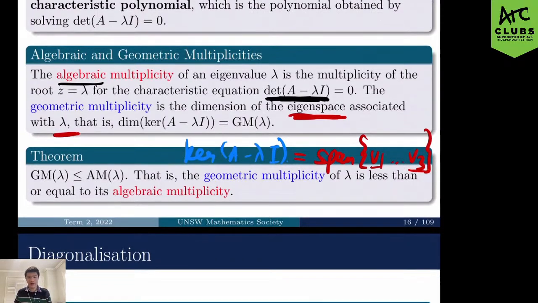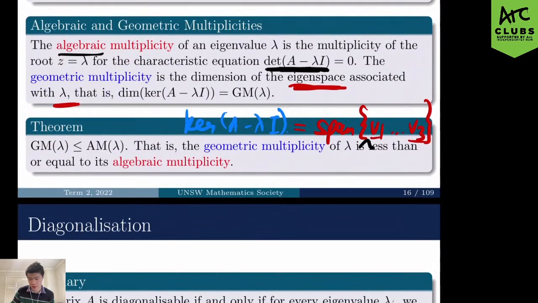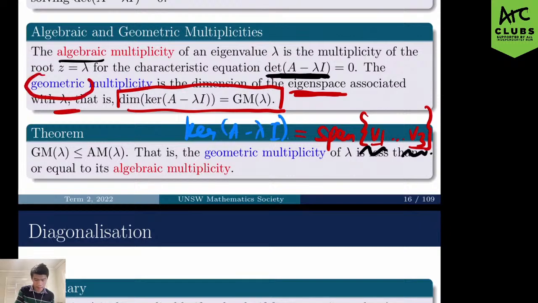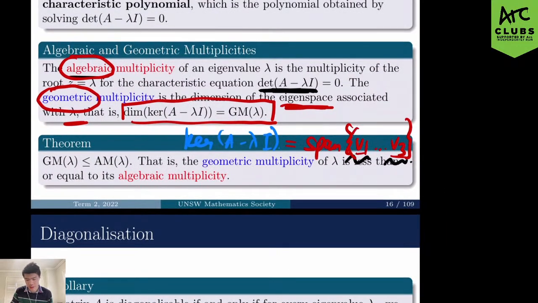So another way of counting how many of each eigenvalue we have is by counting these independent eigenvectors. The dimension of this kernel, or the dimension of the eigenspace, is the geometric multiplicity. You can remember that because geometric implies that you can think of it in terms of vectors, which is separate from thinking about it in terms of polynomials.